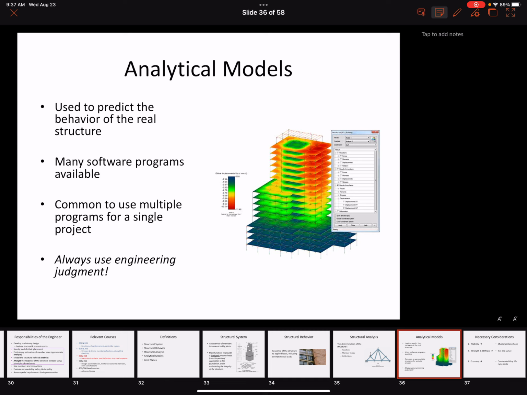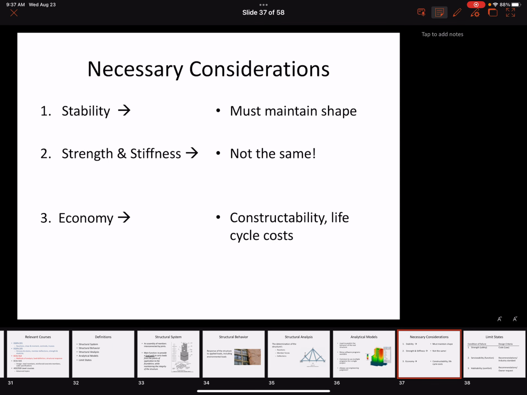What are the default settings? What are the assumptions that that program makes? And how does that program actually come to its results? That's what we're going to expose you to in this class, is how those programs generate those results. So it's always important to use engineering judgment.